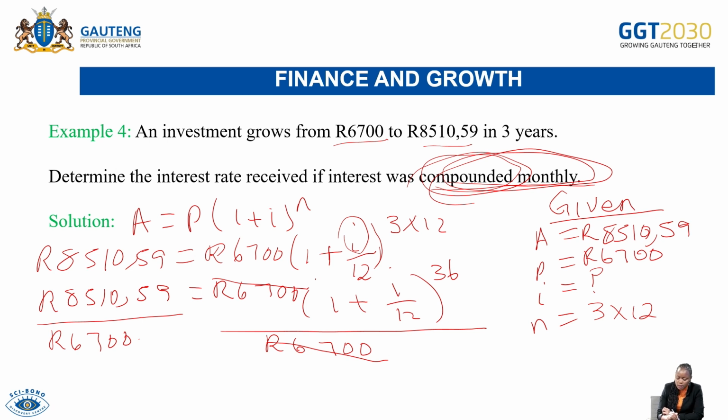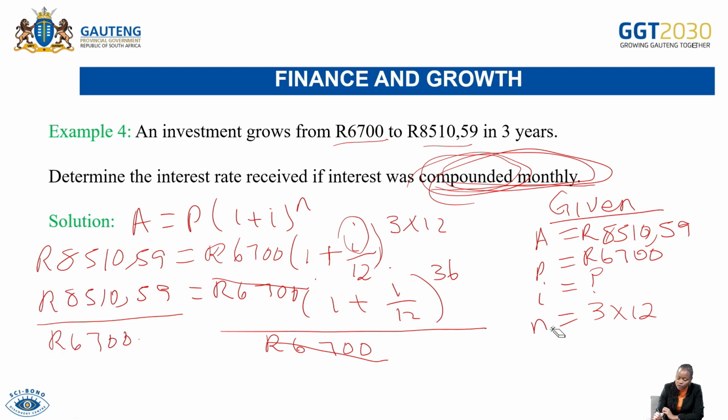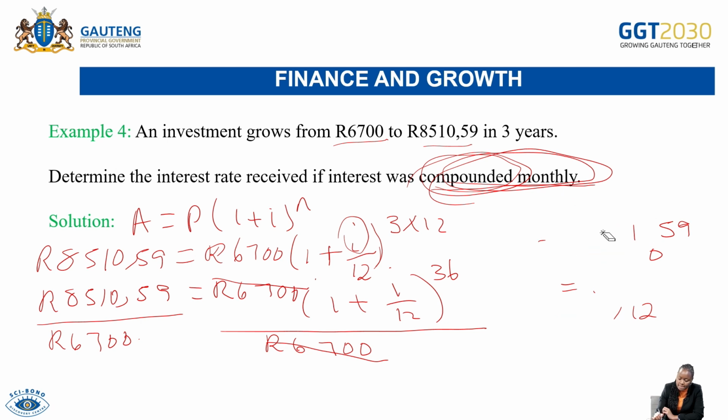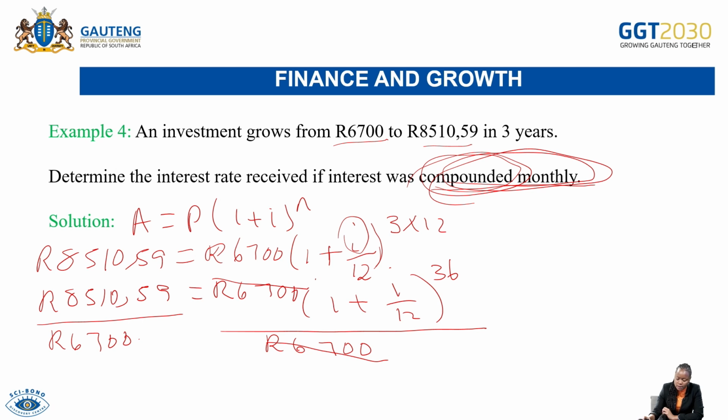Okay, let's substitute, let's put everything in our calculator. I'll have to erase this side. Okay, so let's substitute to the other side, which is the 8,510.59.